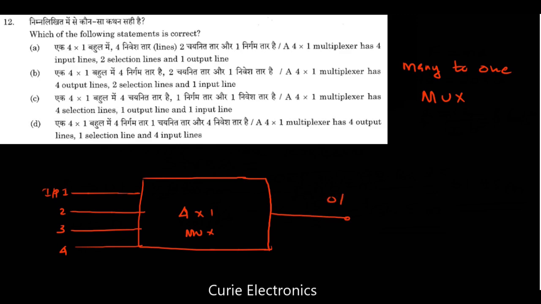And to select out of these 4 inputs, we should have 2 select lines, S1, S0. Which is the answer? The first option A is the answer: a 4 cross 1 multiplexer has 4 input lines, 2 selection lines and 1 output line.